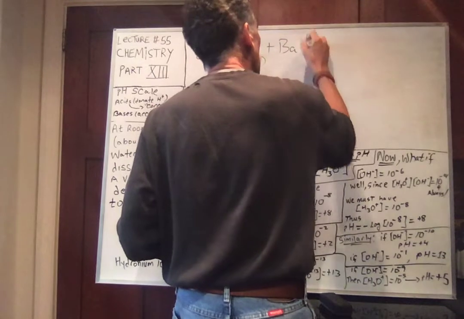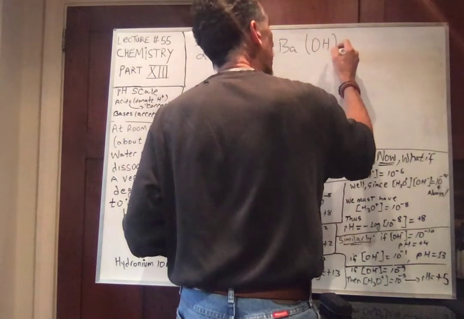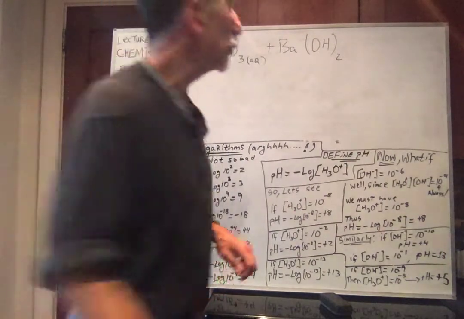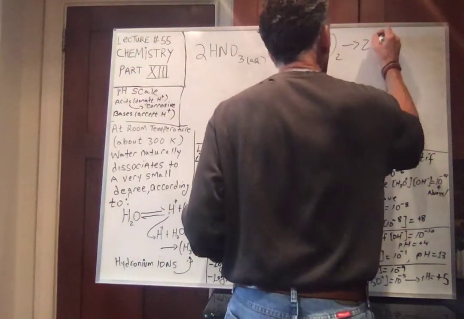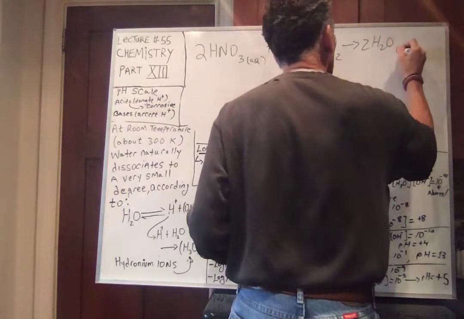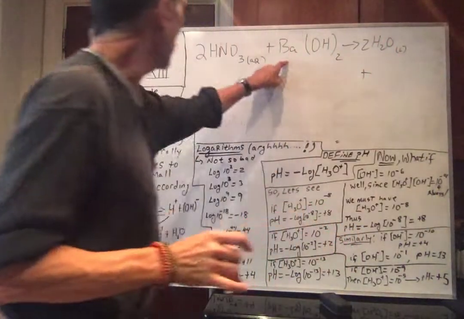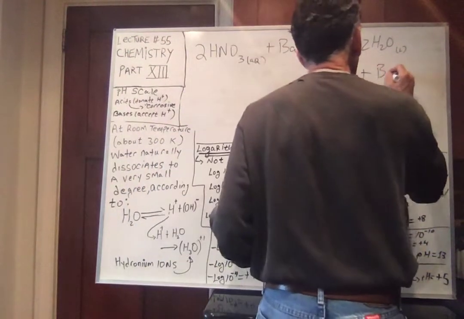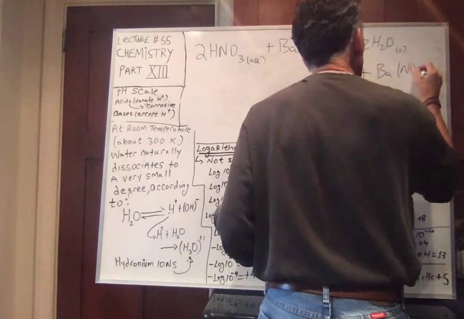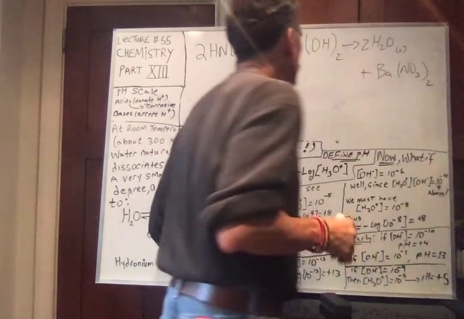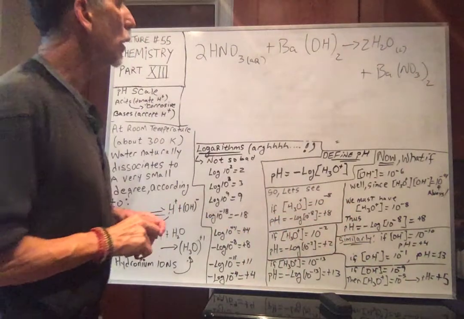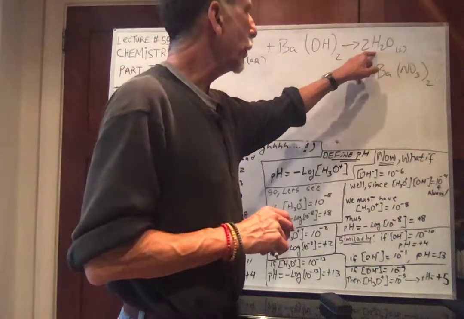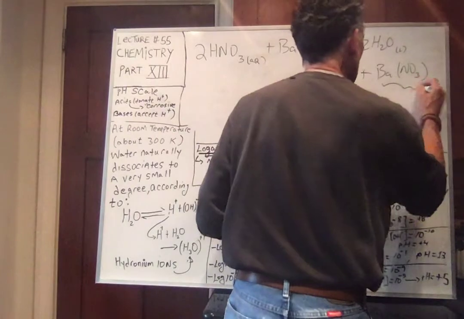Barium is group 2, hydroxide is -1, so we need 2 of these. We're going to get out water, that's a liquid, plus, can you see what we get? Barium nitrate, Ba(NO3)2. So, water, and this would be the salt.